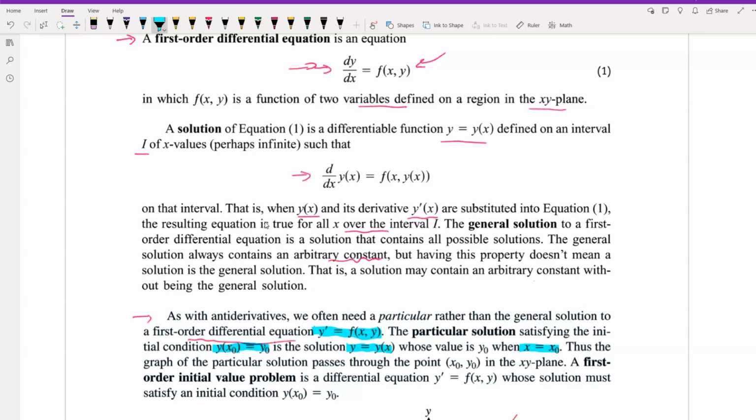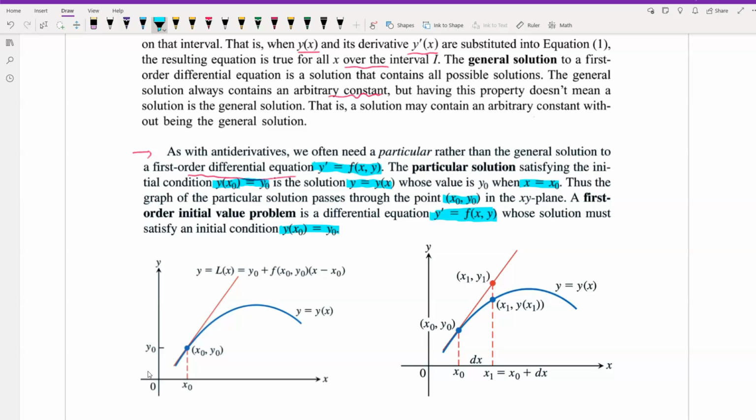So the graph of the particular solution passes through the point x sub 0, y sub 0 in the xy plane. The first order initial value problem is the differential equation y prime equal to f of x comma y, where the solution must satisfy an initial condition y of x sub 0 equal to y sub 0.